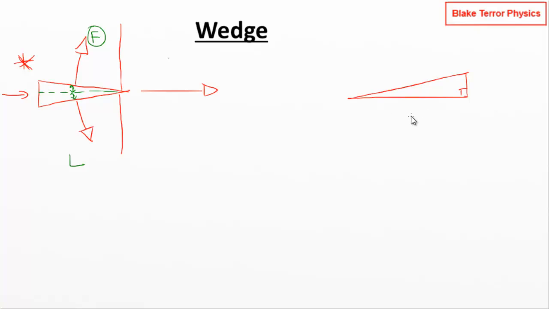So you can use this to drive underneath an object. You've got something sitting over here, you drive underneath it using the wedge. You're going to raise the object up a small distance for a large distance driven underneath it. So you can use wedges just to lift something up in the air.